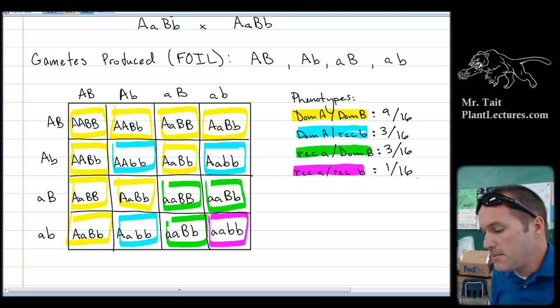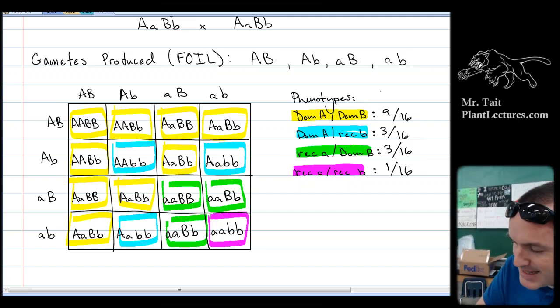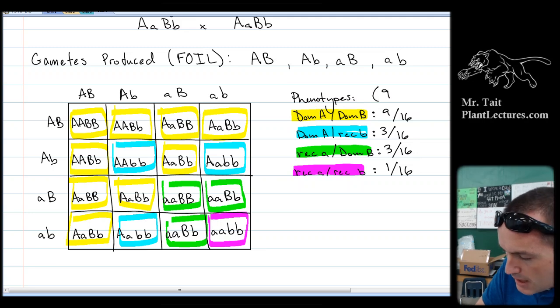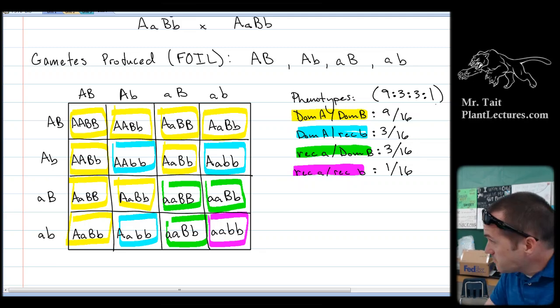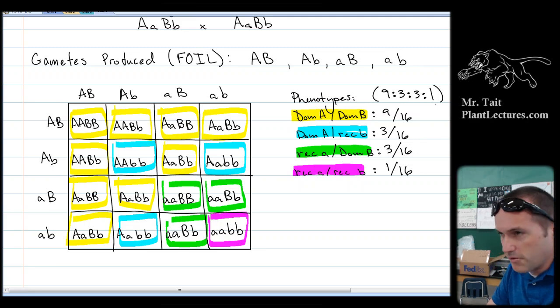So my phenotypic ratio that I would expect in a dihybrid cross is 9 to 3 to 3 to 1. Now, I could go through and do the individual probabilities of the genotypes, but I'm not going to. That would take a long time. Okay? Good so far? Feeling good?